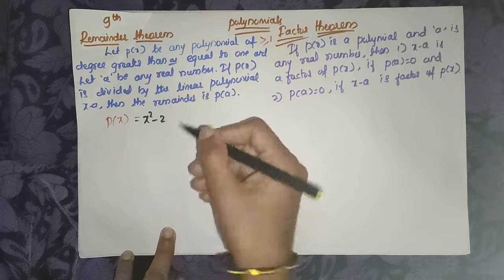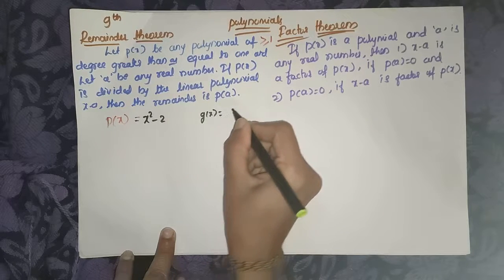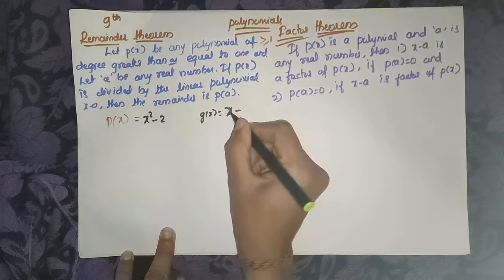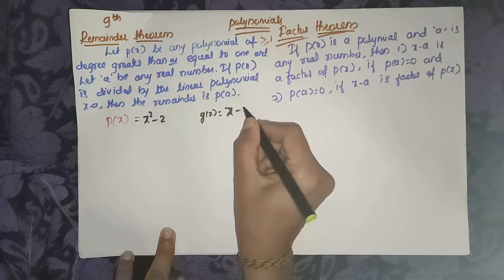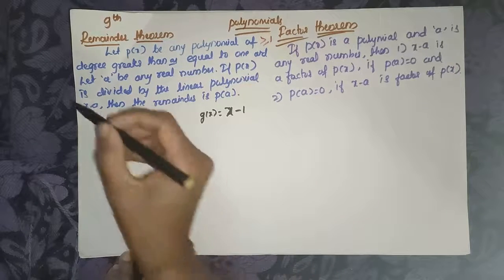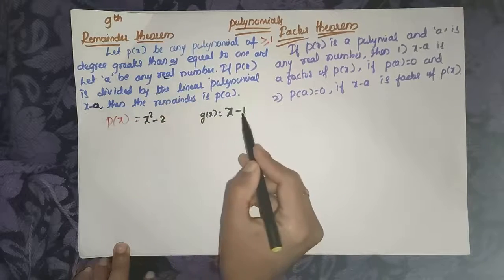So I take a linear polynomial g of x, x minus a, where a is any real number.